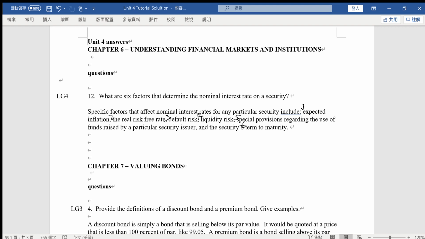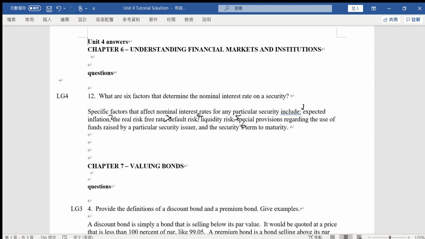And for convertibility, if it can be converted into another kind of financial asset, then that will be more opportunity for the investor. That's why it is possible you can provide a lower interest rate, and the investors are still willing to buy.